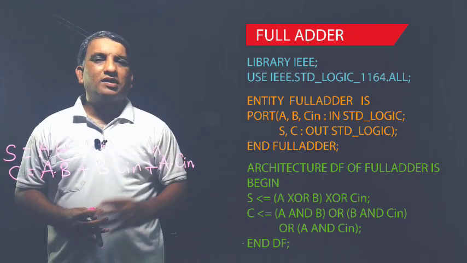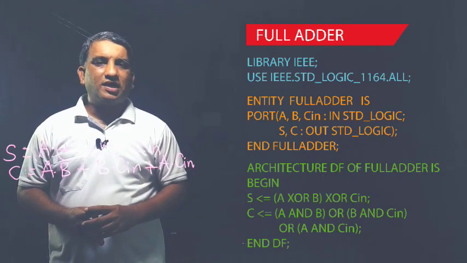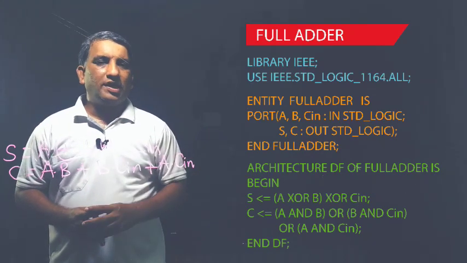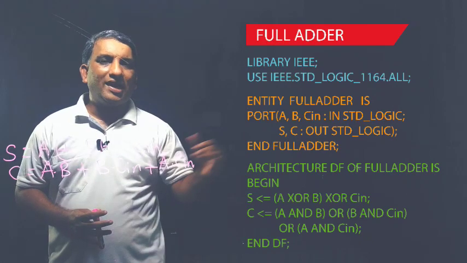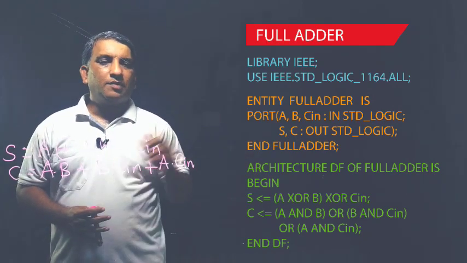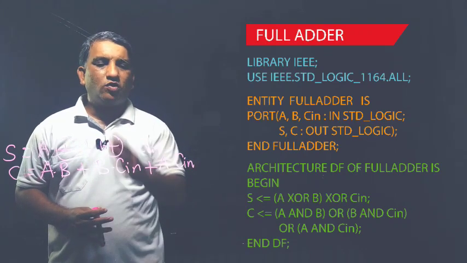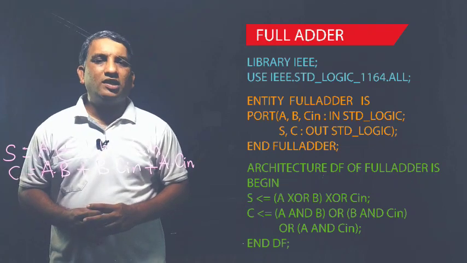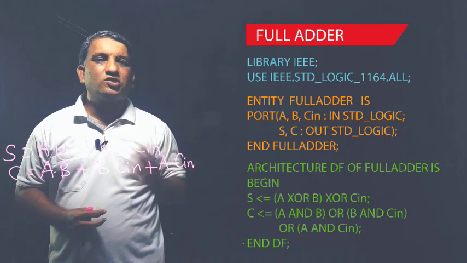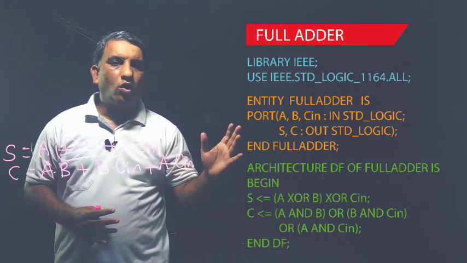Then we will implement the second equation as C is assigned with. Now A dot B means dot के indicate करता है, it is the ANDing operation. So that's why A and B. Then plus indicates the ORing operation, because both these equations are the logical equations, and in logical equations dot represents the ANDing operation, plus represents the ORing operation.